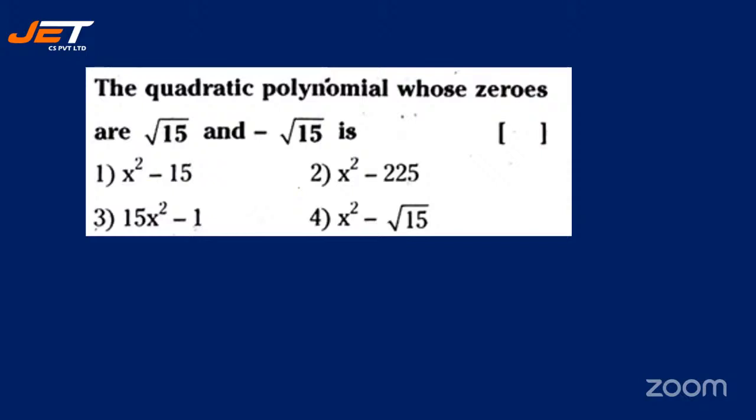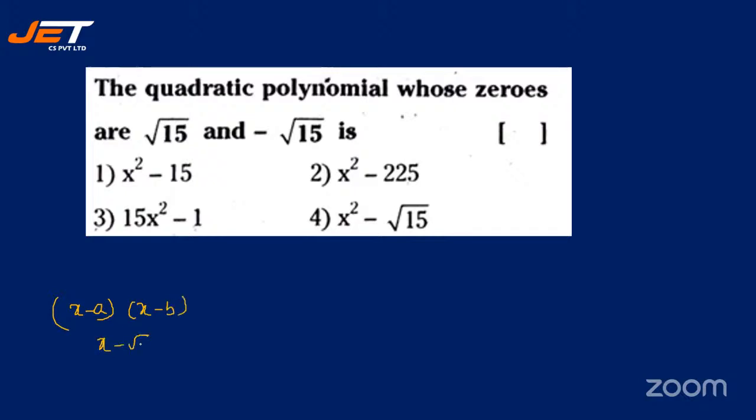See the next question. The quadratic polynomial whose zeros are root 15 and minus root 15 is dash. Whose zeros are means x minus a, x minus b.